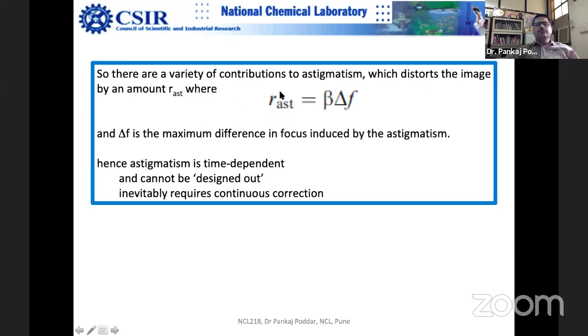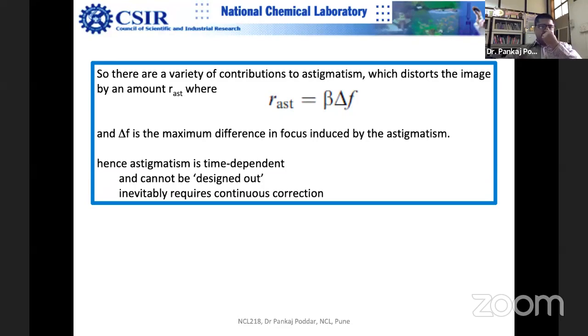Finally, we have a radius for that also. Astigmatism can lead to one point in the object plane forming a disk in the image plane, the Gaussian image plane, and we have the radius for that disk, R_AST.